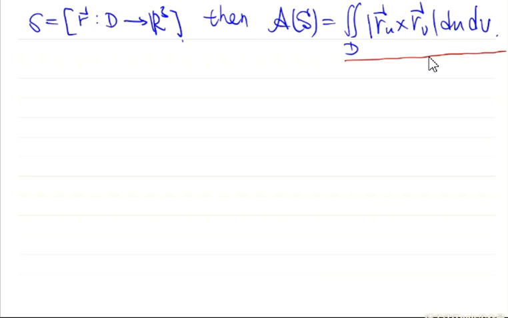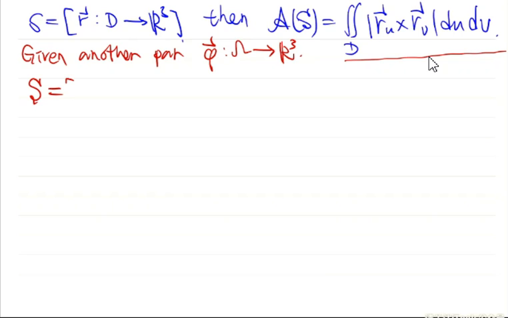So if given another parametrization, that is phi from a region omega to R3, we can also write it this way.